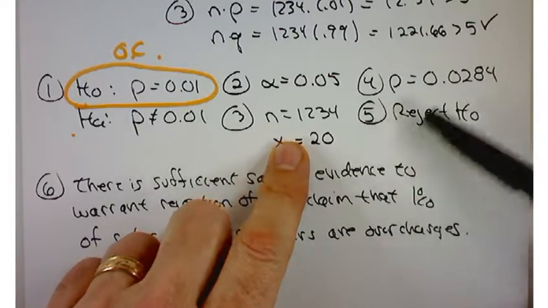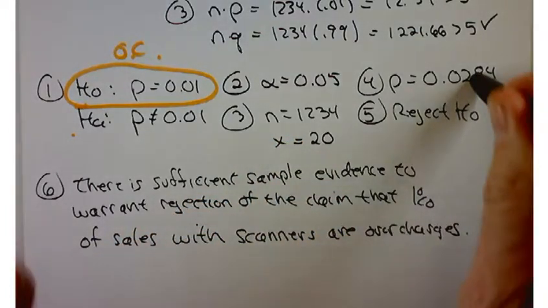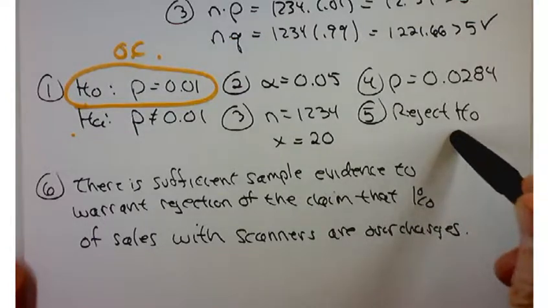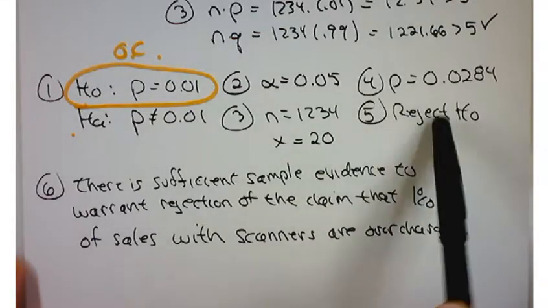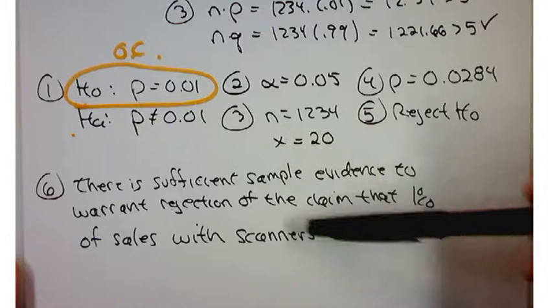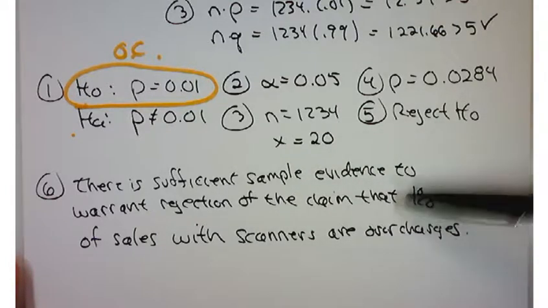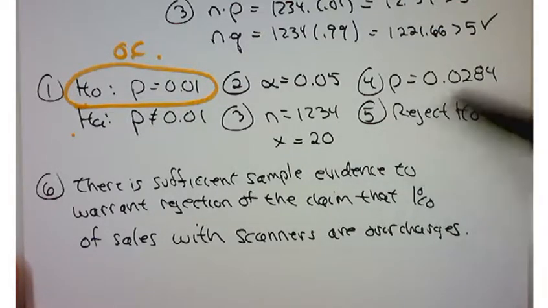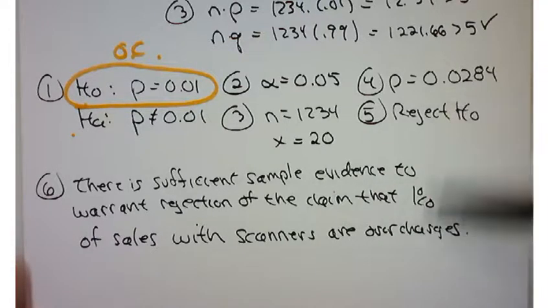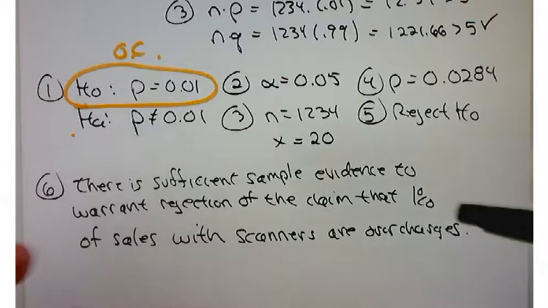Calculating your test statistic, I want to see your p-value. I'm going to see your decision here, and then I'll read your conclusion. A lot of times you might have this wrong, but that's because this is wrong, so I might take off some points for that. But if you answer this consistently, then I'll give you some points here. So make sure you get this part right.